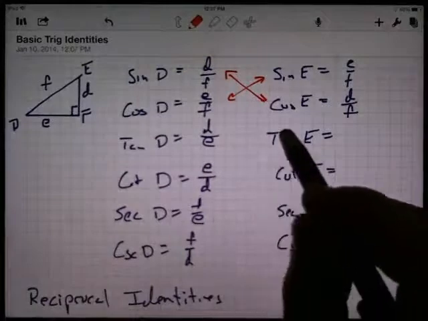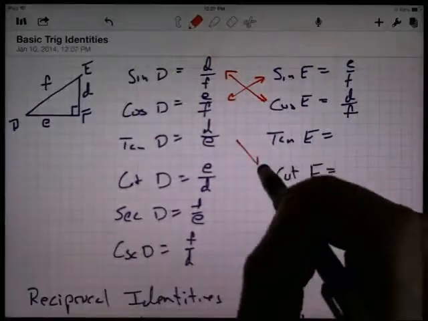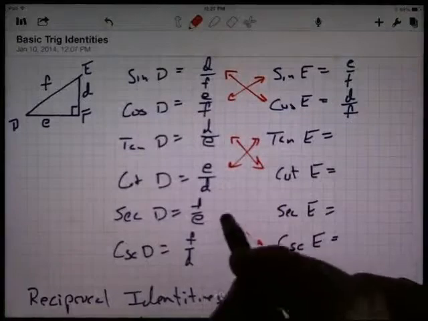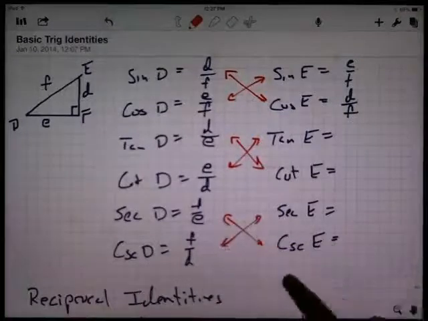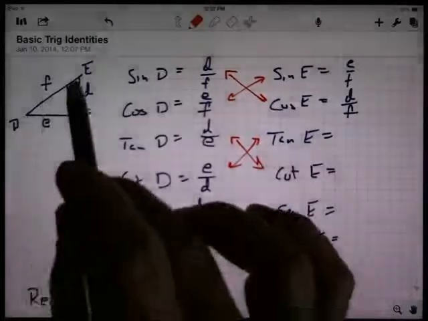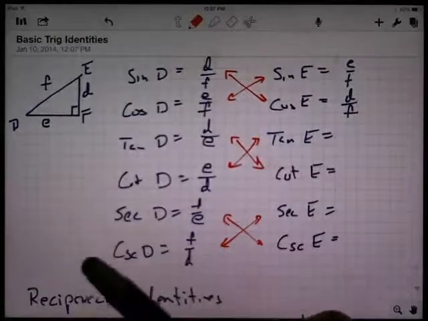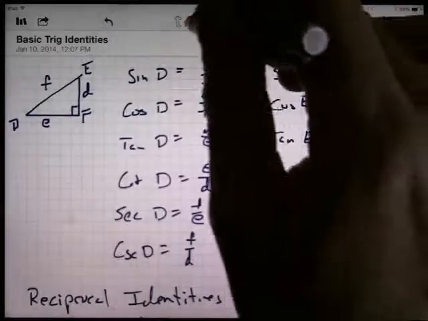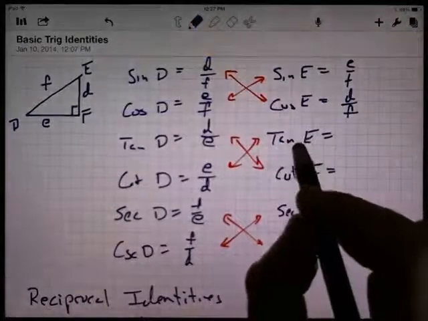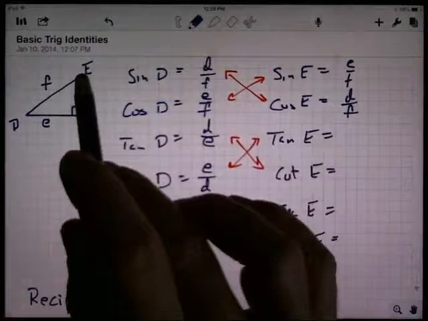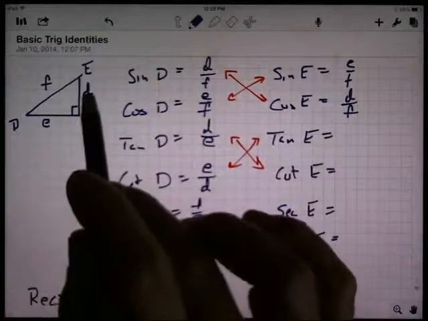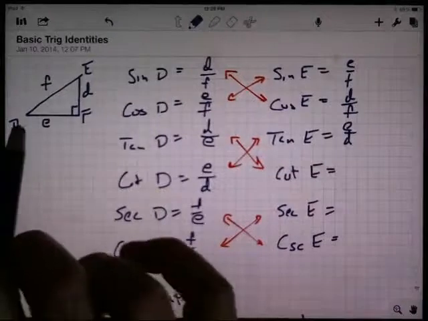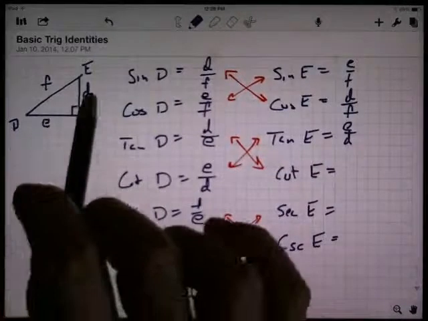Likewise with the tangents and cotangents, these two will be equal to each other, and those two, and the secants and cosecants. The thing that's happening is that when we switch our point of view to the other angle, the opposite and adjacent swap roles. So when I'm looking at the tangent of E, I'm looking at the opposite from E to the adjacent, that's E over D, but from the point of view of angle D, E over D was adjacent over opposite.